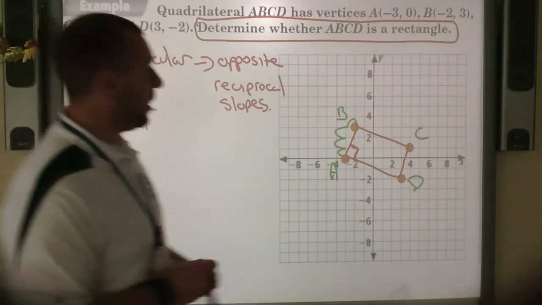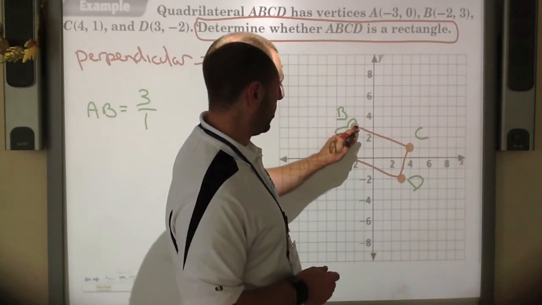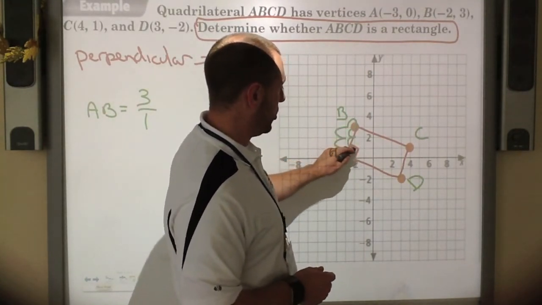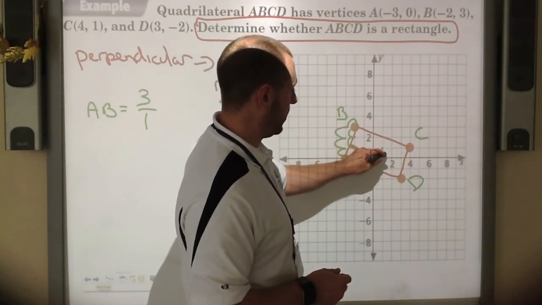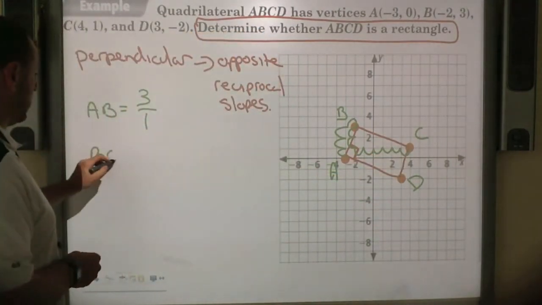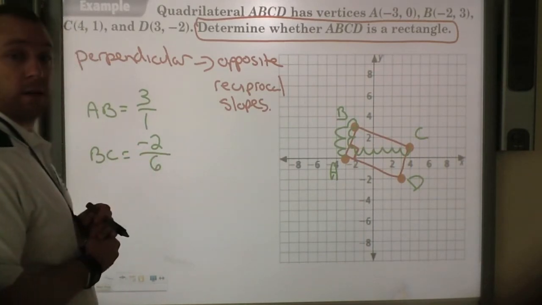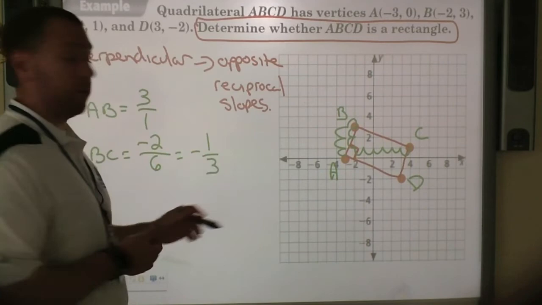Okay. Here, for B to C, I would go down 2 over 1, 2, 3, 4, 5, 6. So BC is down 2 over 6, which reduces down to negative 1/3.